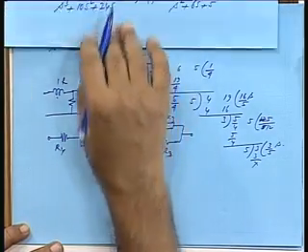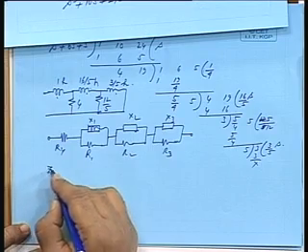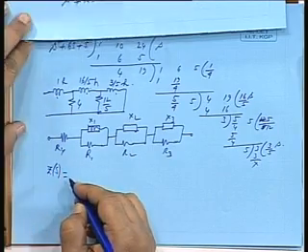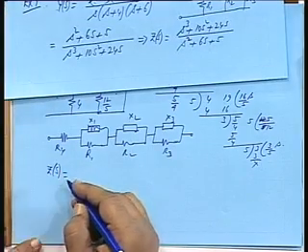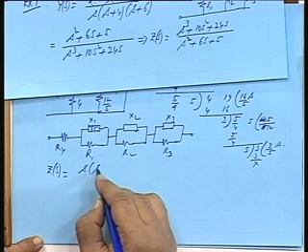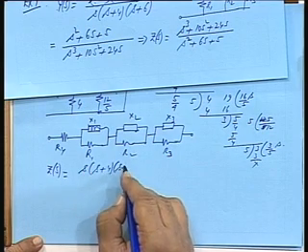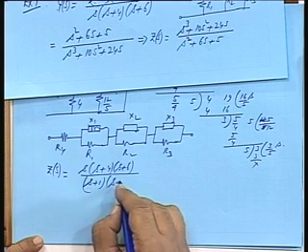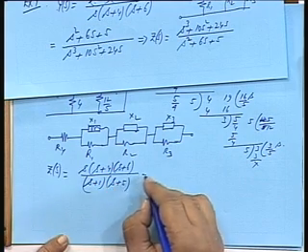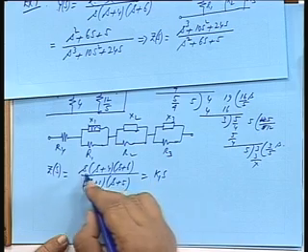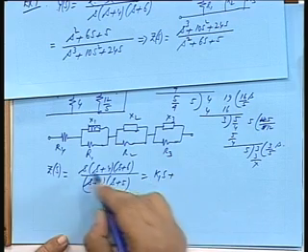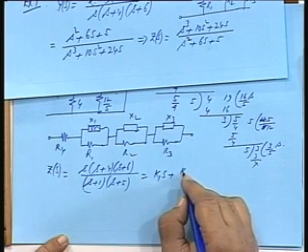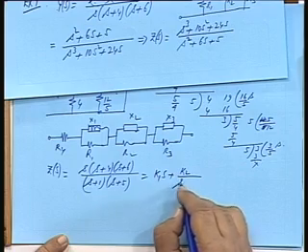So, start with Z(s). So, Z(s) is s into (s plus 4) into (s plus 6) by (s plus 1) into (s plus 5). So, I break it up into K1 into s, since this is of higher degree, plus K2 by (s plus 1).